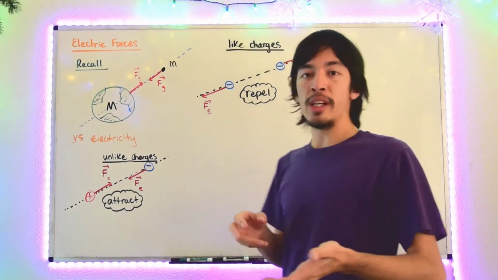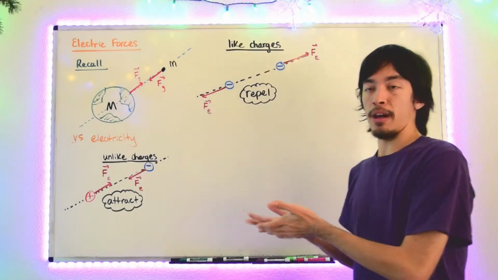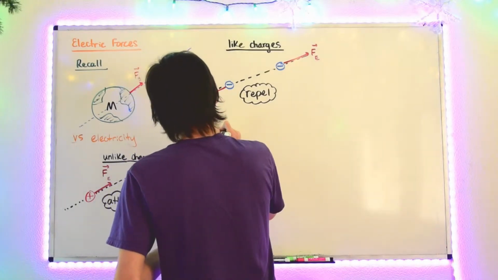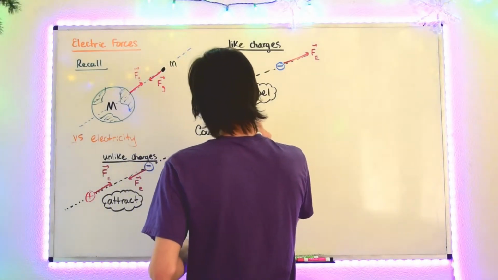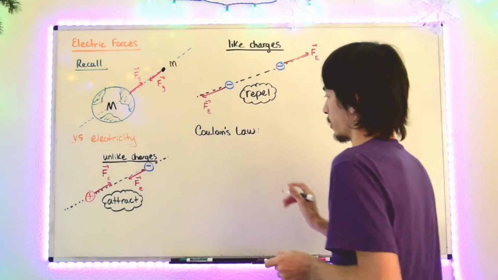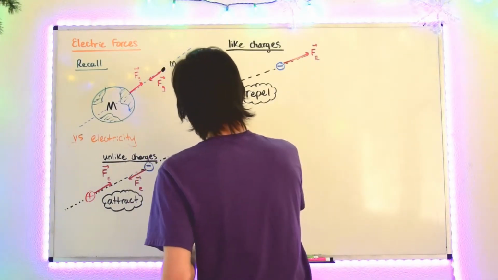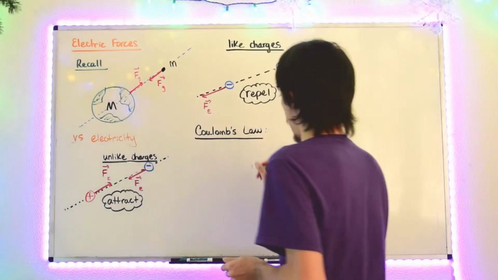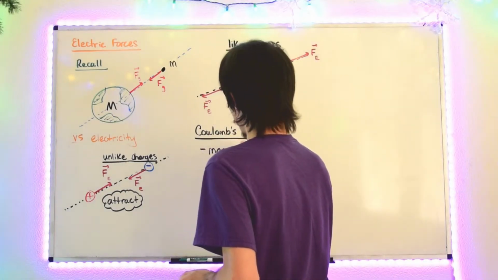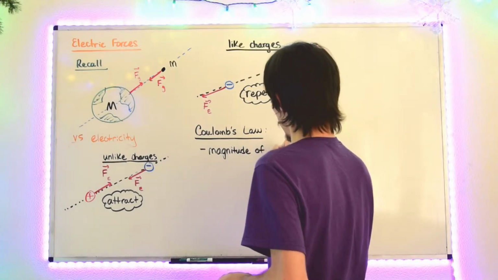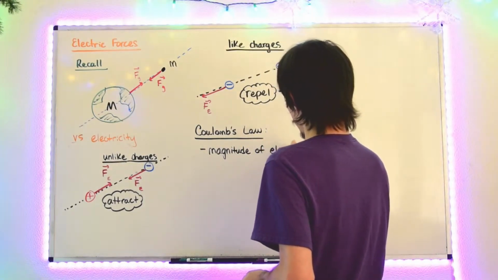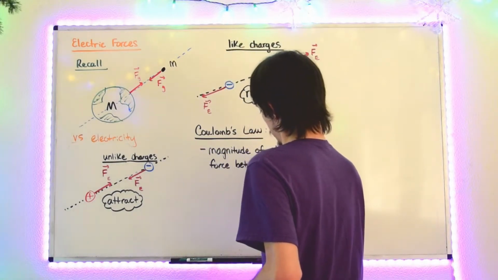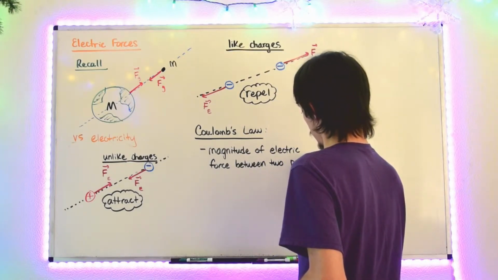Now, how do we calculate or quantify this amount of force? We have Coulomb's law. Coulomb's law will give us the magnitude, or the size, of the electric force between two point charges.